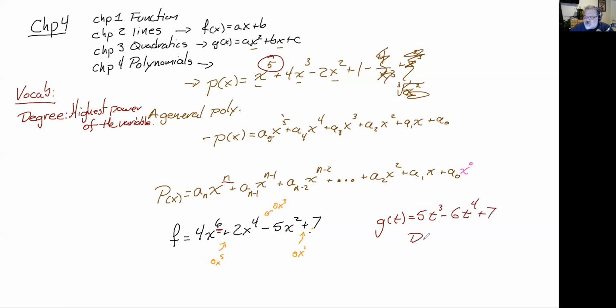What is the degree of that polynomial? 4. Yeah, 4, the highest power of that variable. So it's a 4th degree polynomial.